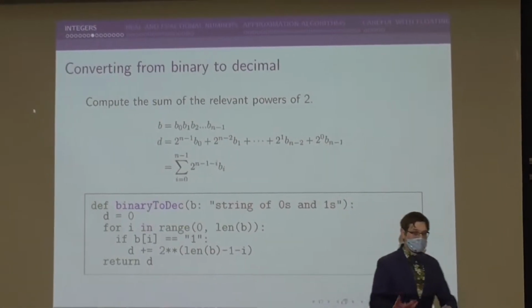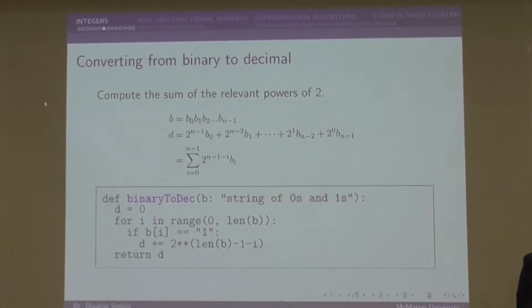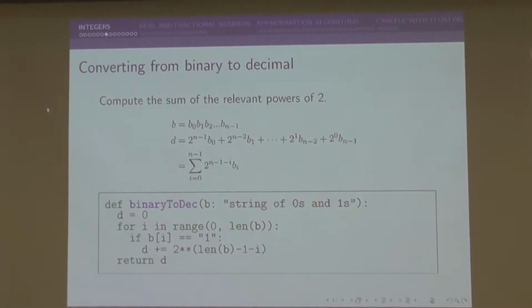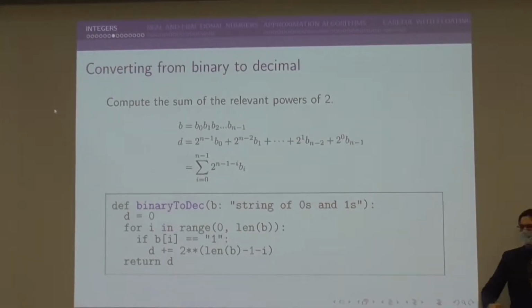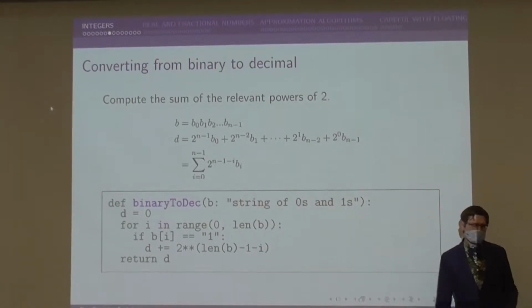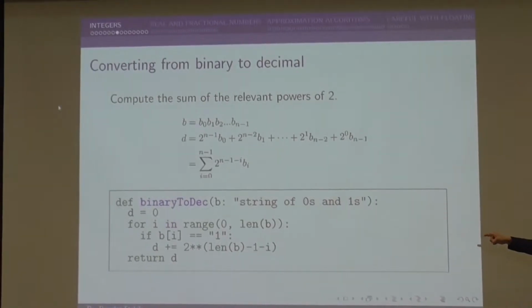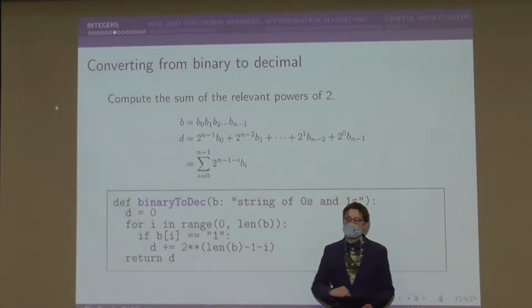You don't have to take that character, convert it to an integer, and then multiply it out by the relevant power of 2. You can just say, I add this power of 2, because binary is simple. And it's little stuff like that that is the whole reason binary is used in the first place. Any questions about this?